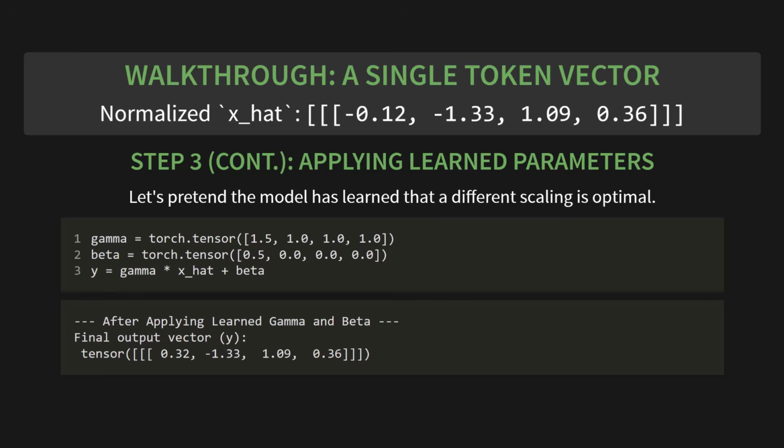And here's what we see. Our final output vector is now 0.32, negative 1.33, 1.09, and 0.36. It's a stable, clean, and optimally scaled input for the next part of the network.